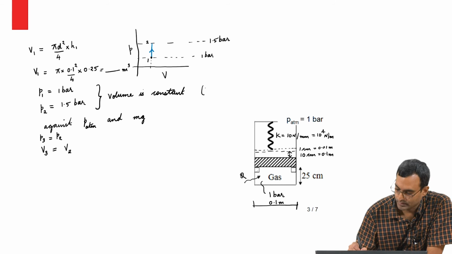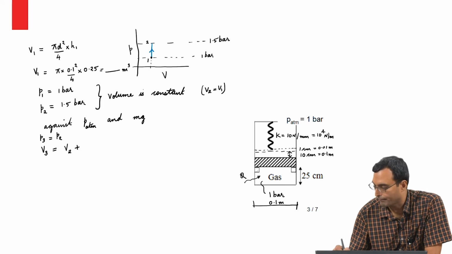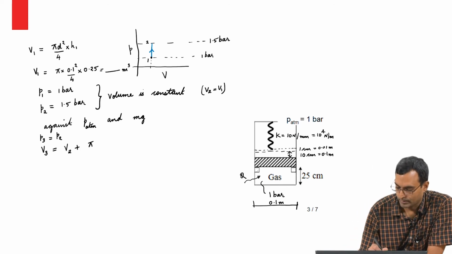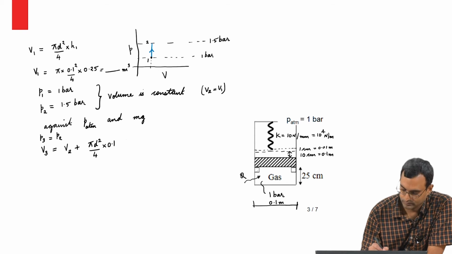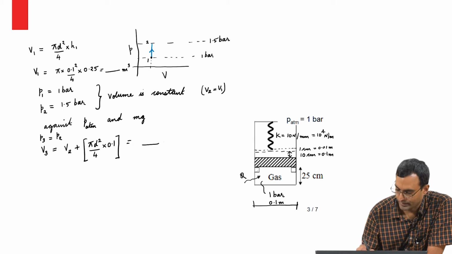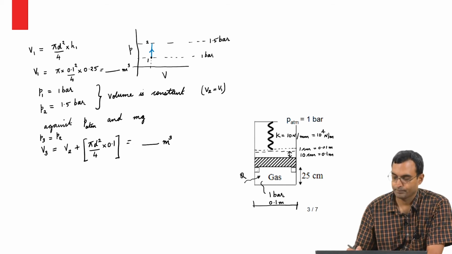So, V2 is equal to V1 plus whatever is this gap. So, that volume is pi d square by 4 into 0.1 meter. I can find out what this value would be. So, this is the volume in meter cube.